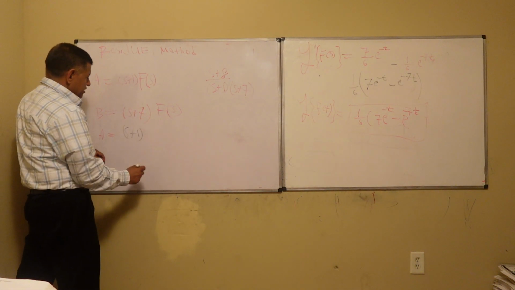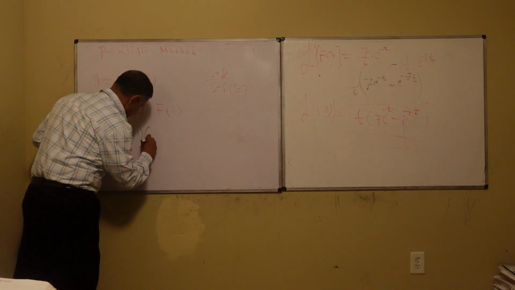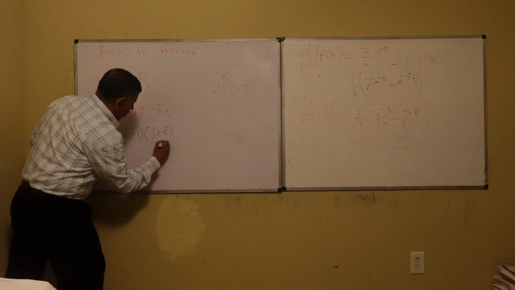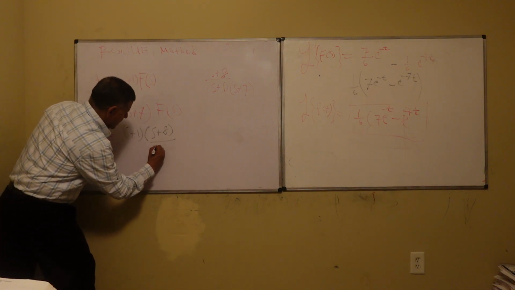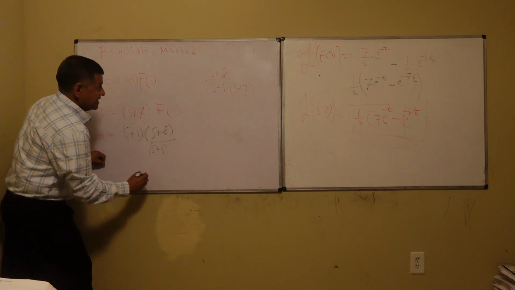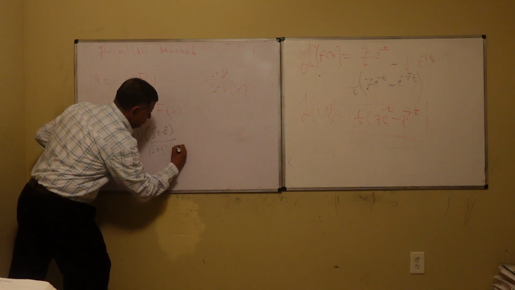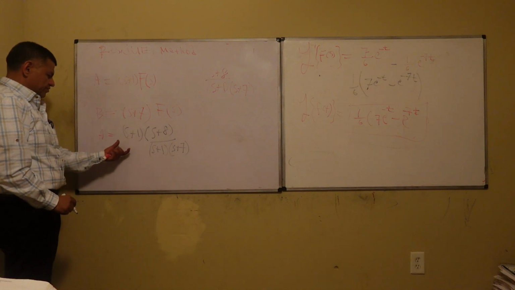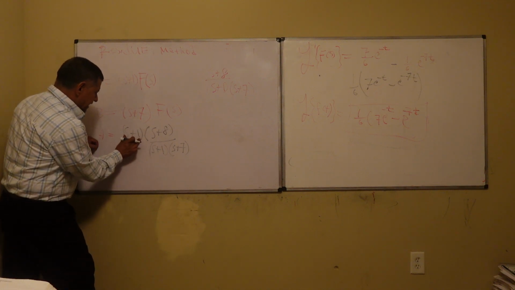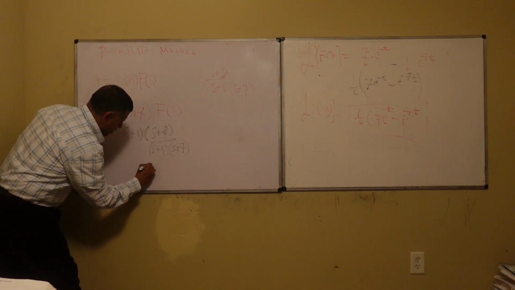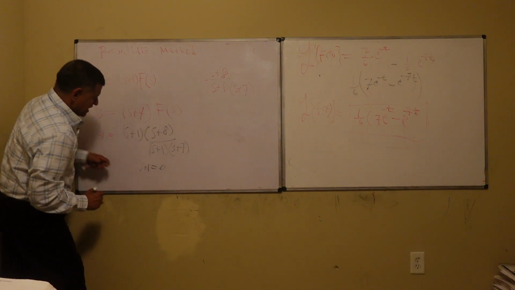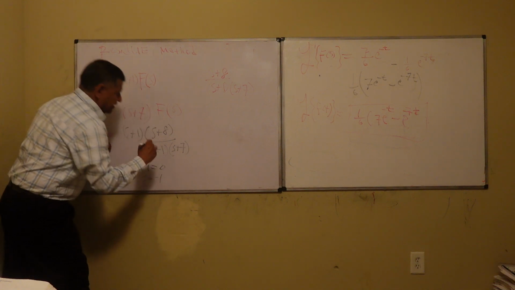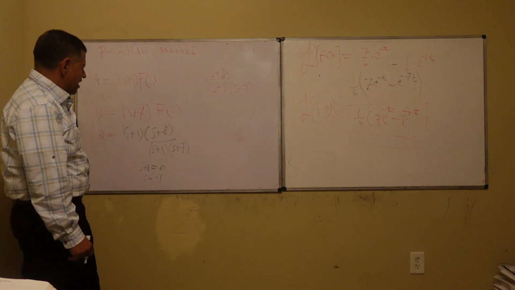Times S plus 8 over S plus 1 times S plus 7. Now, what do I do? Let this guy, S plus 1, equal 0. If S plus 1 is equal to 0, then S is equal to negative 1, isn't it?